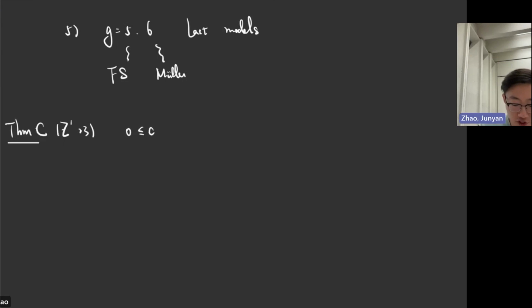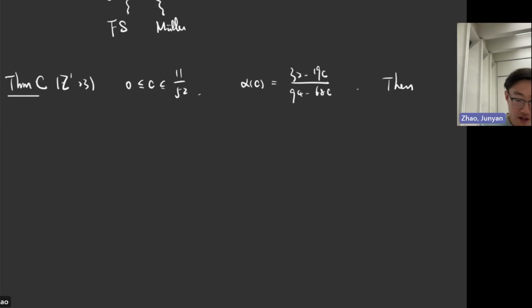When you choose a coefficient c between 0 and this special number, and you set alpha of c to be given by a rational function, then the upshot is the K-moduli space is isomorphic to the Hassett-Keel program for genus 6 curves, depending on this alpha, which is equal to alpha of c.